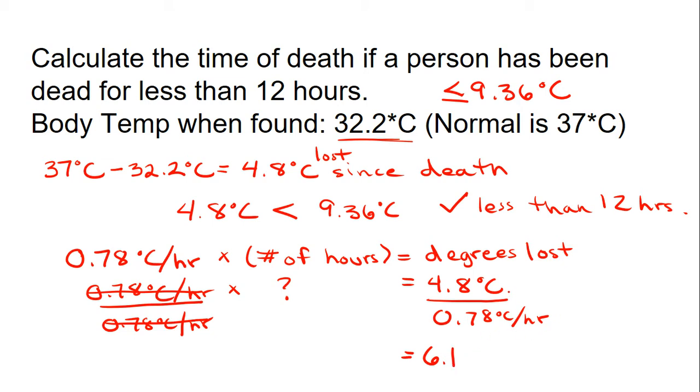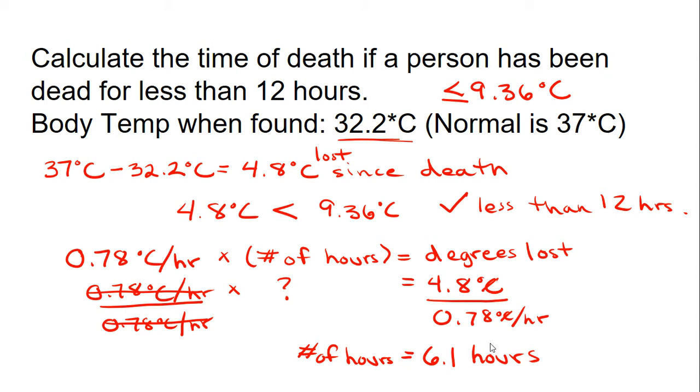And I know, because my little Celsiuses are going to go away here, that this is the hours. So the number of hours since death is 6.1 hours. If you wanted to convert, 0.1 hour is going to be 6 minutes, so it would be 6 hours and 6 minutes, but I'm okay with decimals.